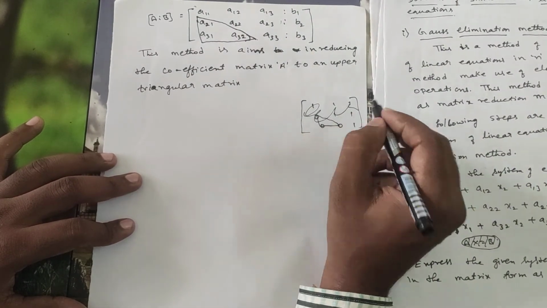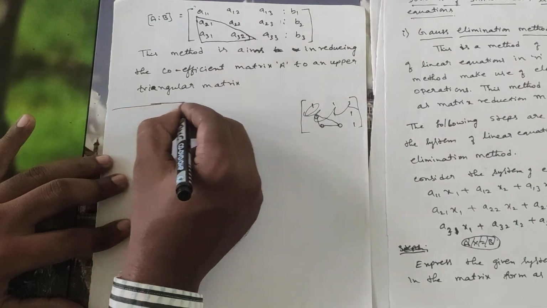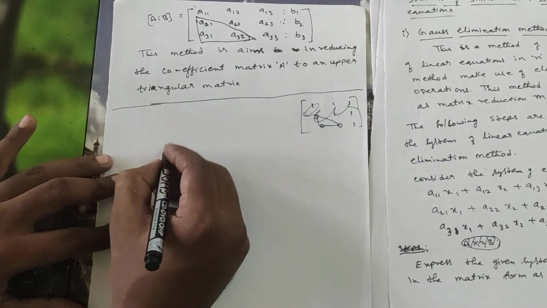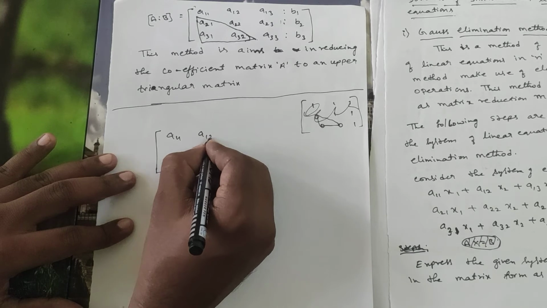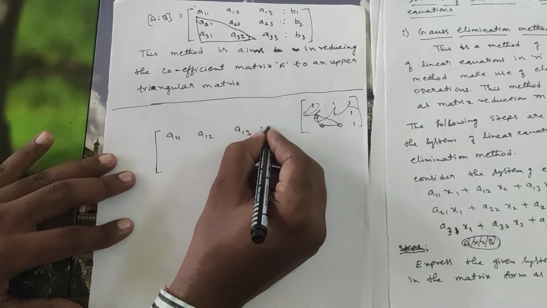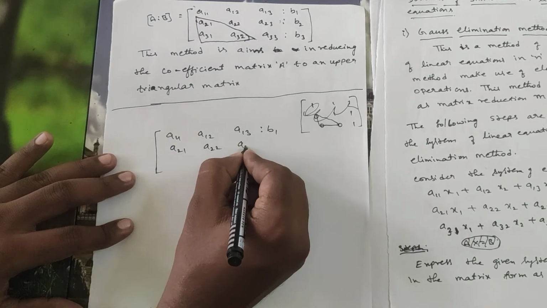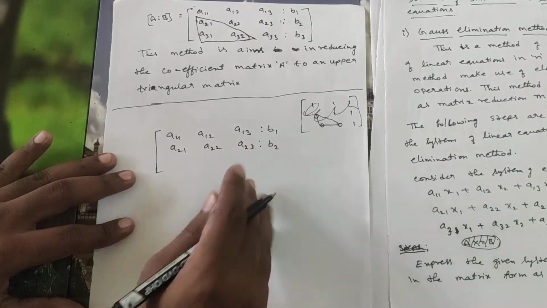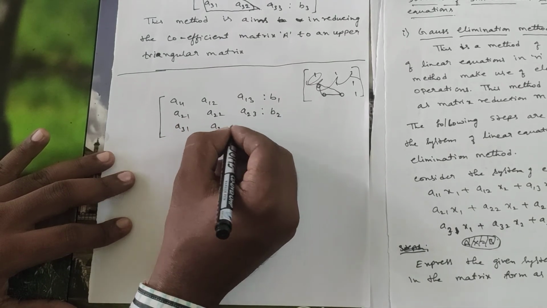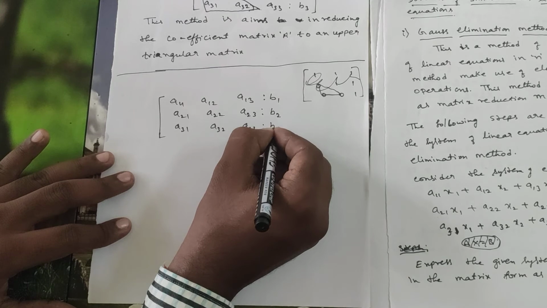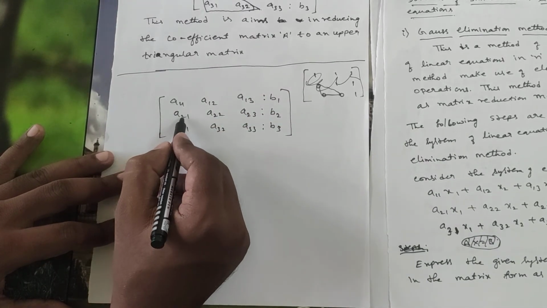Okay, so this is for reference, no need to write this one. So here what do you get: a11 a12 a13 | b1, a21 a22 a23 | b2, and a31 a32 a33 | b3. So you have to make these two elements 0 now.